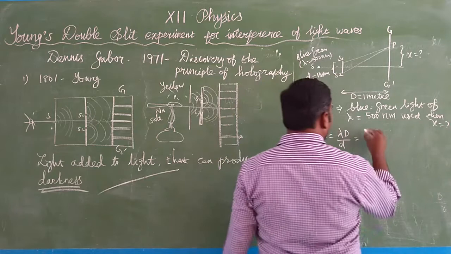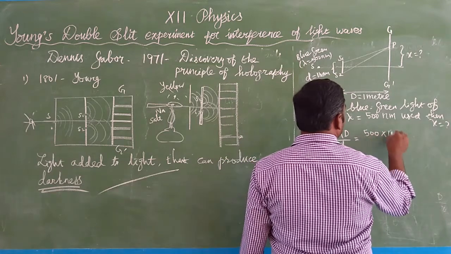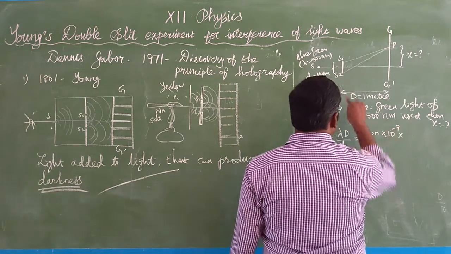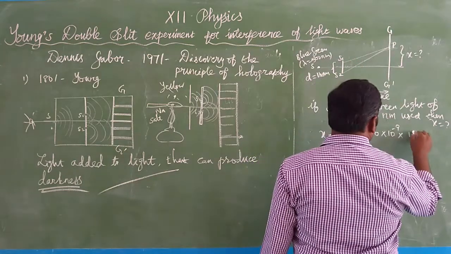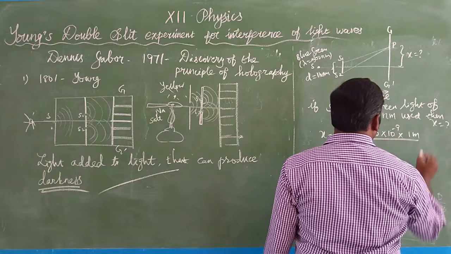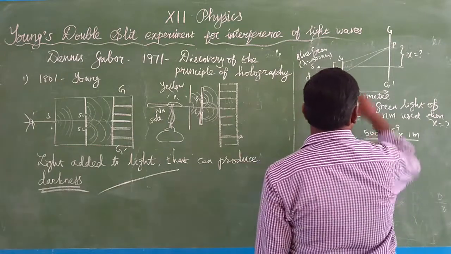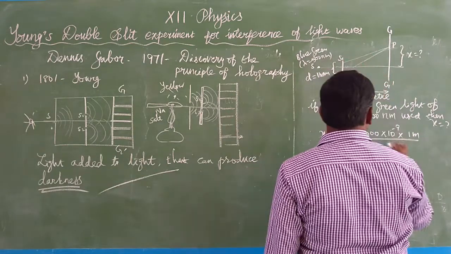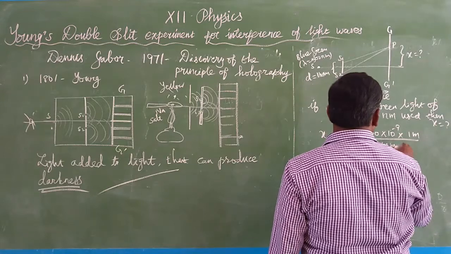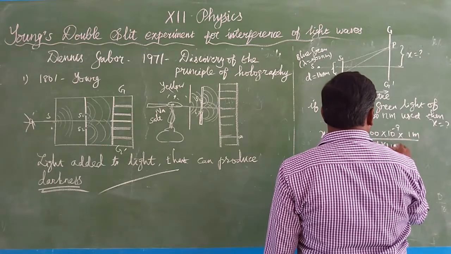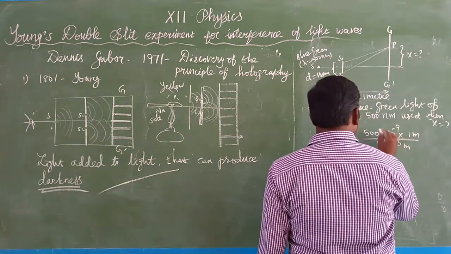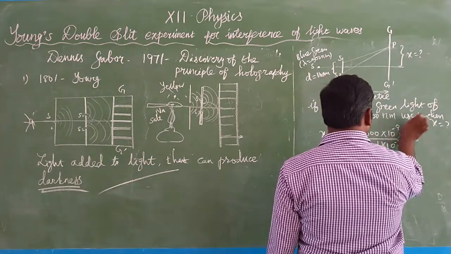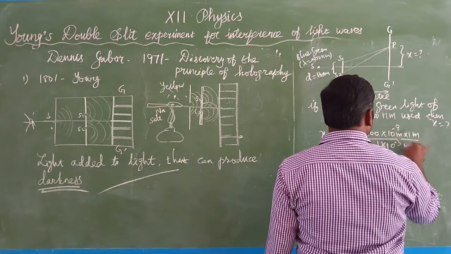Okay, so wavelength is 500 nano, means 10 to the power minus 9 meter, and the distance between the position of the two slits to the screen is 1 meter, divided by the distance between the two slits, which is 1 millimeter. Millimeter means 10 to the power minus 3 meter. So this meter and this meter cancel.